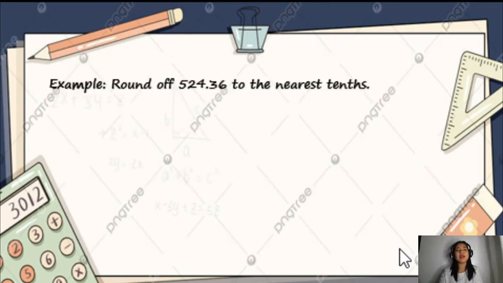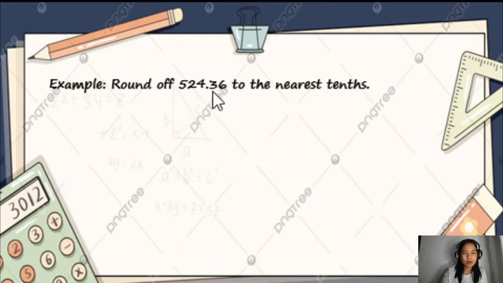Okay, let's have an example. So round off 524 and 36 hundredths to the nearest tenths. So first step natin, i-identify muna natin kung ano ba yung number na i-round off natin. So nakalagay nearest tenths. So what is in the tenths place?